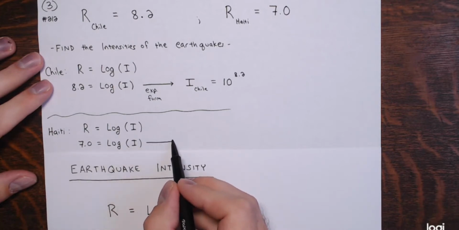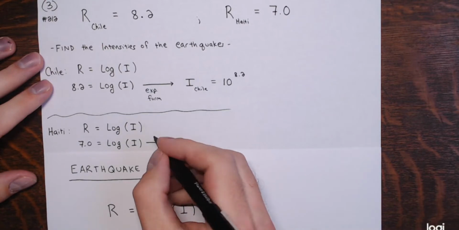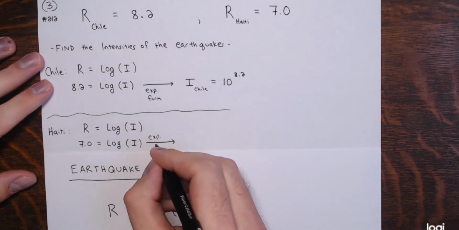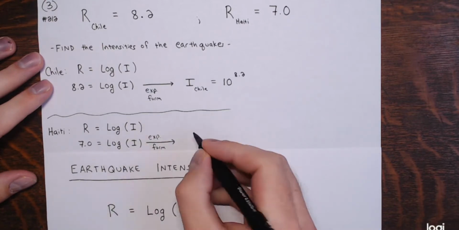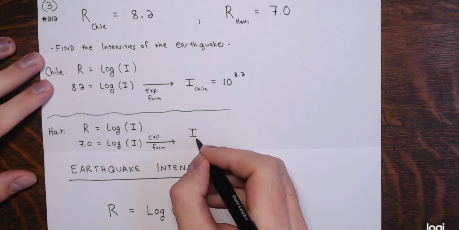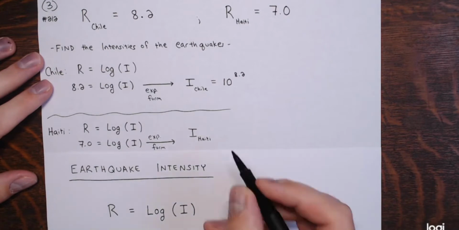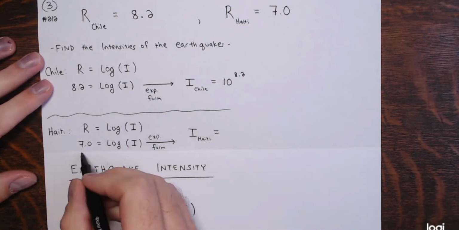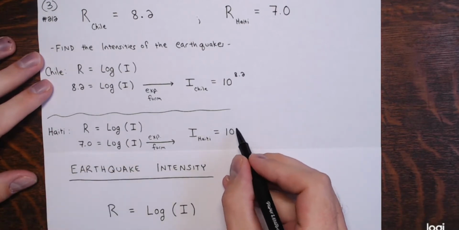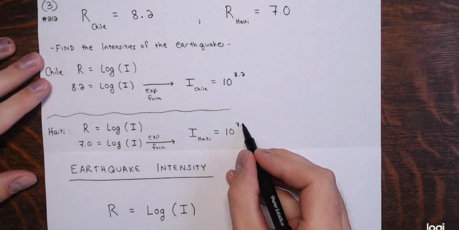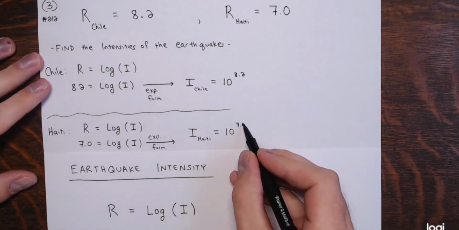And then once again, I can solve for I very easily. Change this to its equivalent exponential form, and we get the intensity of the Haitian earthquake, I Haiti, will equal 10 to the 7th power, or 7.0 if you want to write that as they gave it to us.